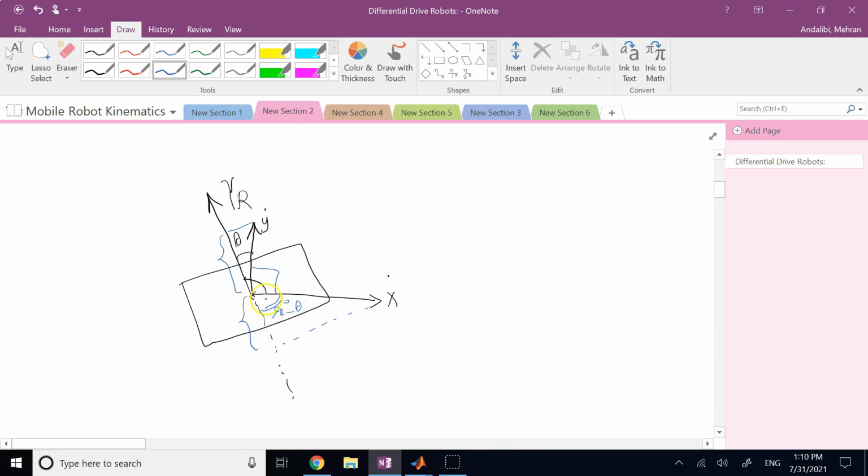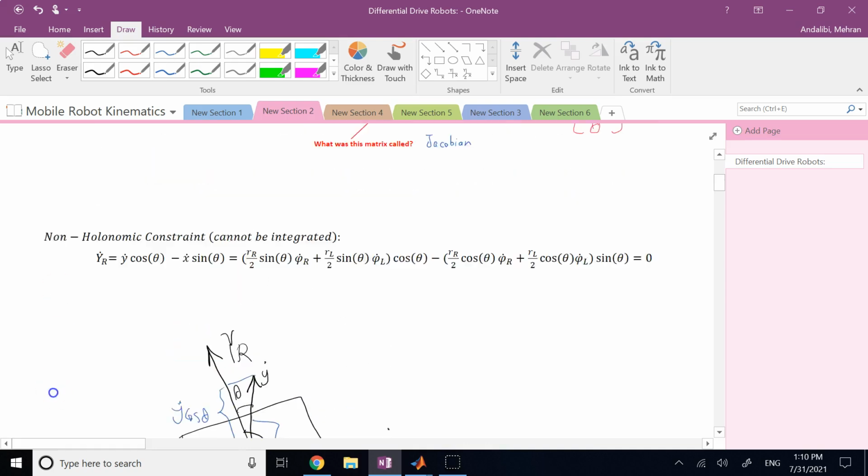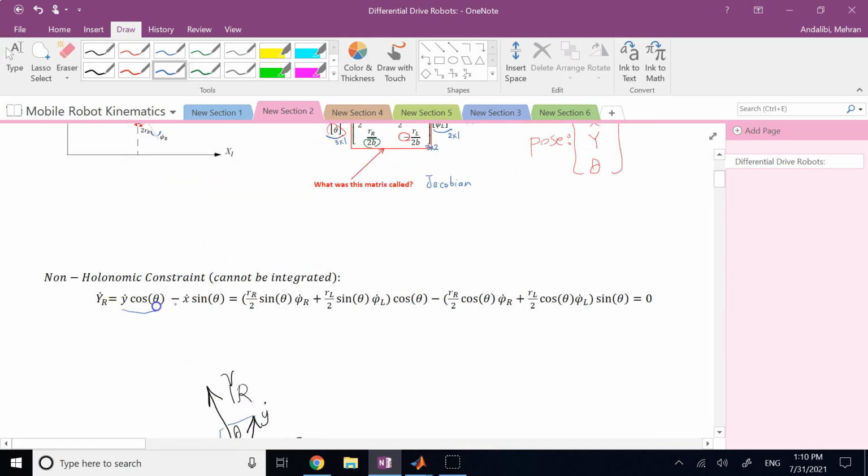And so it is going to be cosine of 90 minus theta, which is what? Sine theta. So this is x dot sine theta, and this is y dot cosine theta. And you see the y dot cosine theta is in the positive yr direction, x dot sine theta is in the negative yr direction. So your total yr dot is y dot cosine theta minus x dot sine theta.